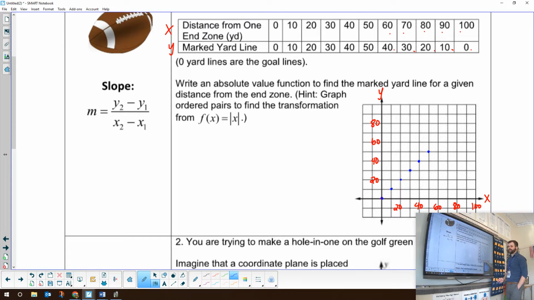But then, just like an absolute value problem, we're going to hit a vertex, and we're going to start coming back down the other side. So next up, we'll have a point at 60, 40, 70, 30, 80, 20, 90, 10, and then 100, we get to the other goal line. When we're 100 yards away from one goal line, we're at the other goal line.